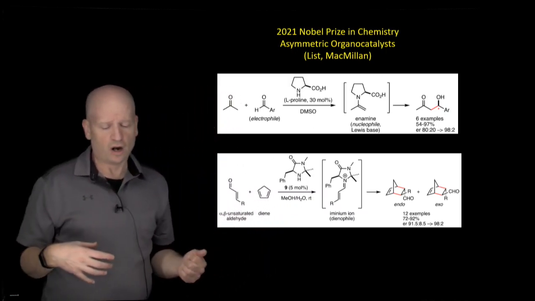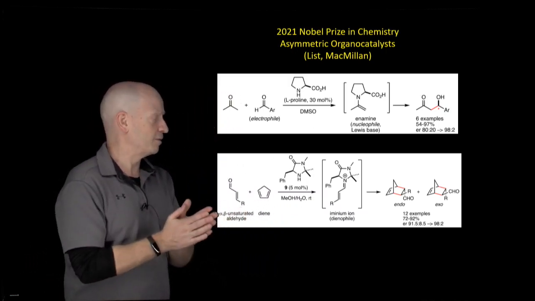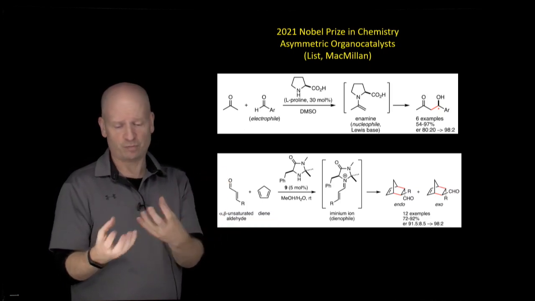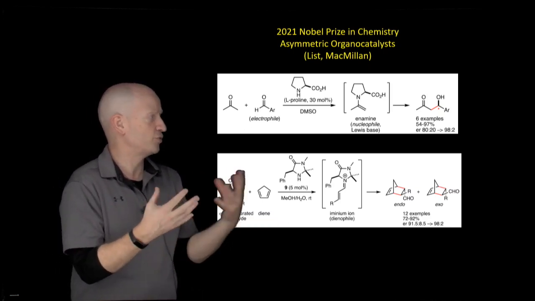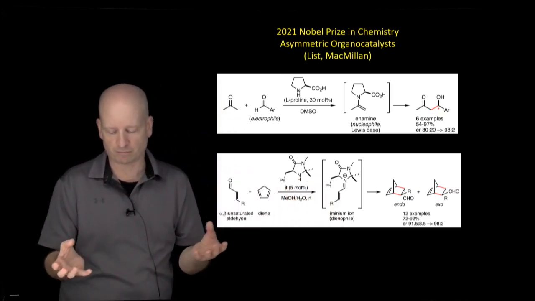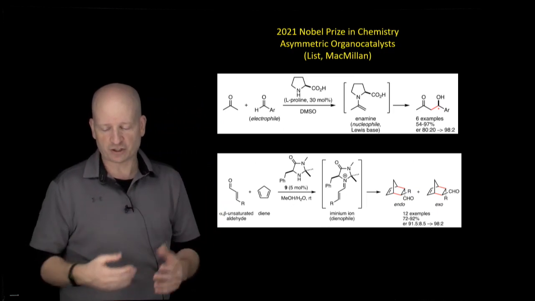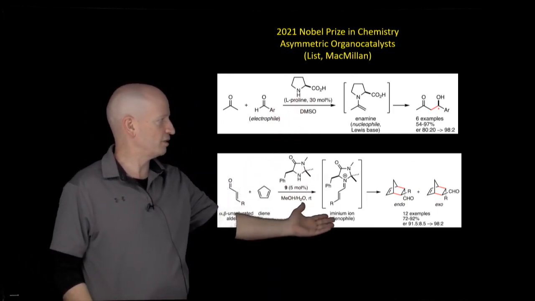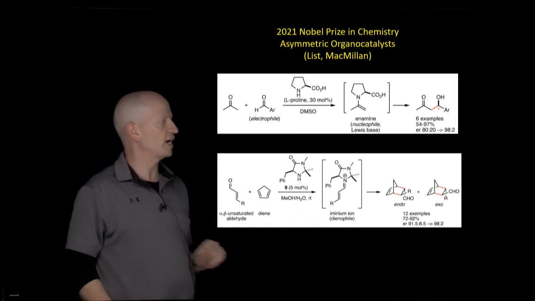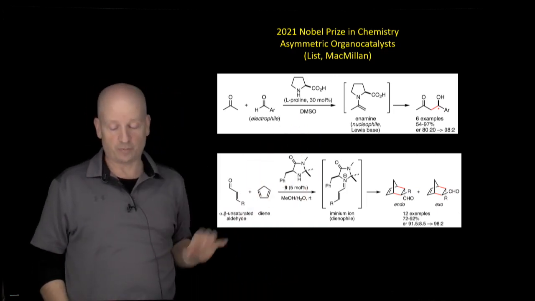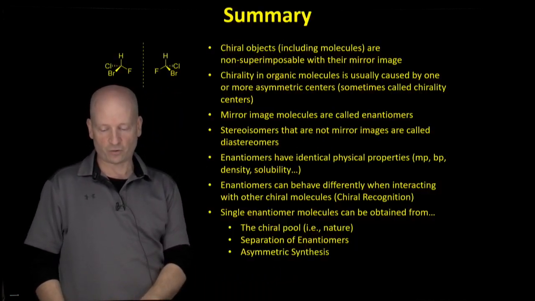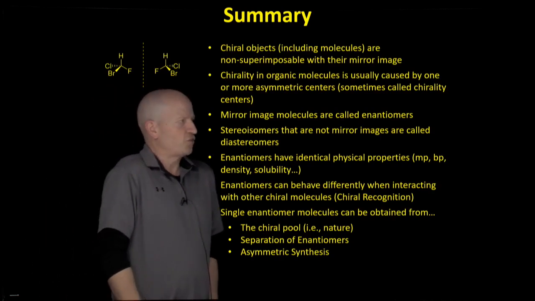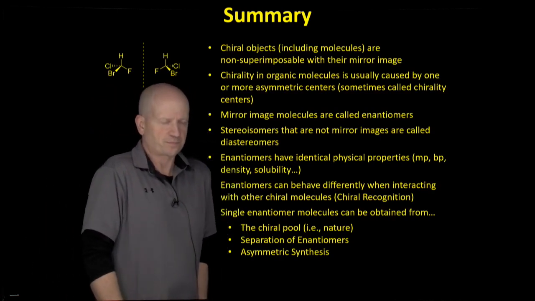And so you don't have to worry about heavy metals contaminating your product and things, and you can use your basic separation techniques that you use in organic chemistry. And so here's an example of an aldol reaction, a Diels-Alder reaction, and there's many more reactions that have been developed by these groups.